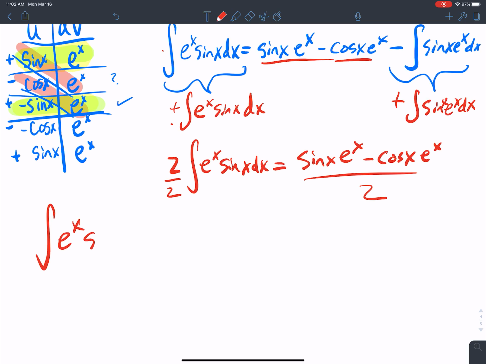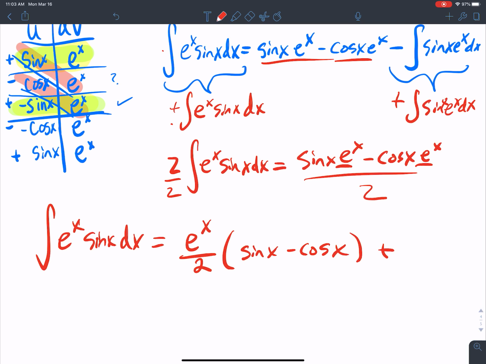The integral of e to the x sine x dx equals, well, I think I can factor out e to the x over 2, multiplied by sine x minus cosine x, plus c. And there you go.